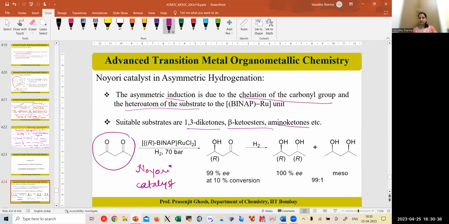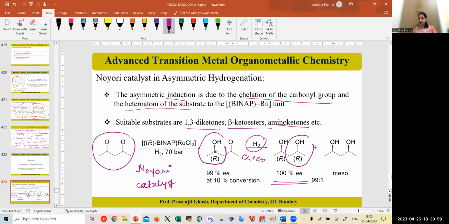Firstly, this R form will be generated. The OH will get a chirality over this center. And if we are using H2 in excess, the other carbonyl could also get reduced or hydrogenated towards the OH, and this becomes 100% enantiomer selective.